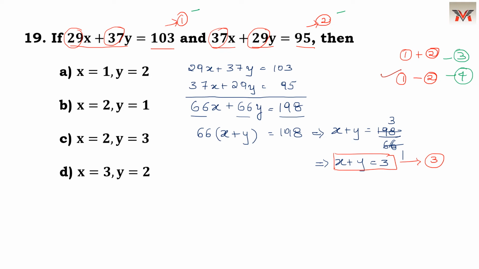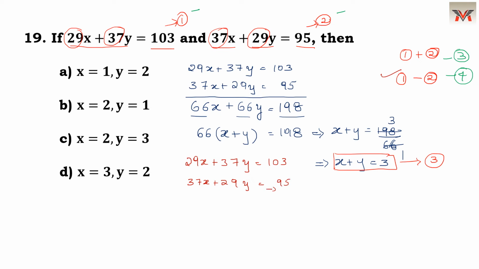So when we go with equation 1 minus 2, what will I get? I'll take 29x plus 37y equal to 103, and 37x plus 29y equal to 95.